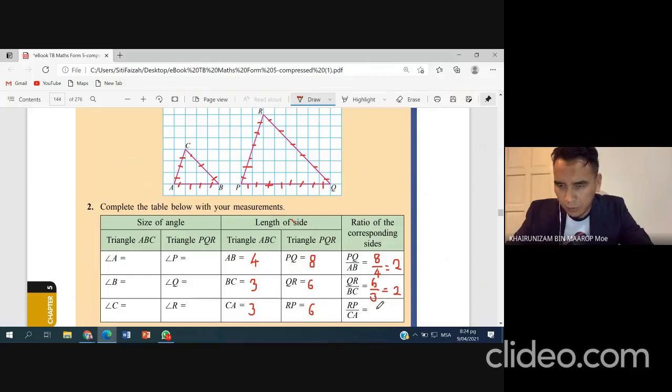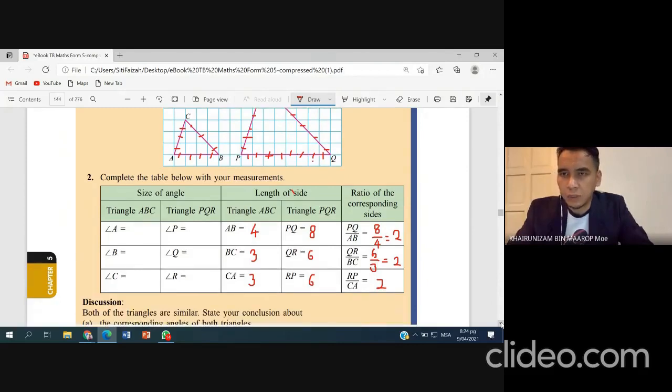So actually we get 2 also for the ratio. So all the sides get the same value of ratio. So that means both of these triangles, we can conclude that they are similar.